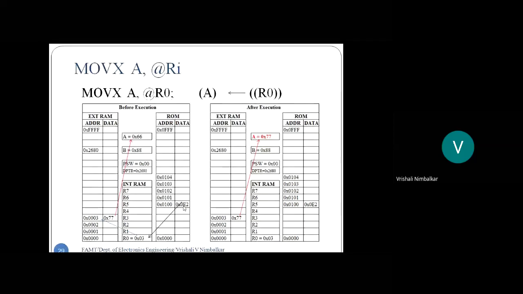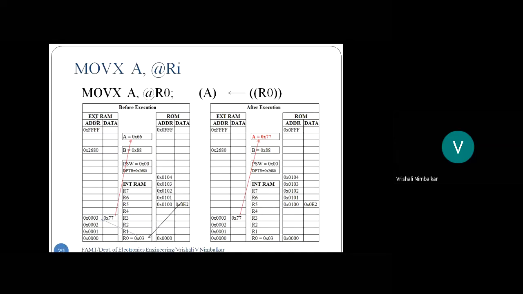So see the black arrow. So after decoding E2 hex, the microcontroller automatically refers to R0. Now see, the table has been changed a bit. Now I have shown here the external RAM memory address and data columns.